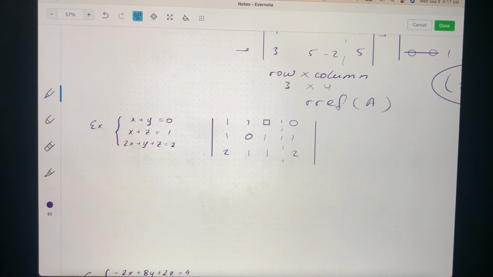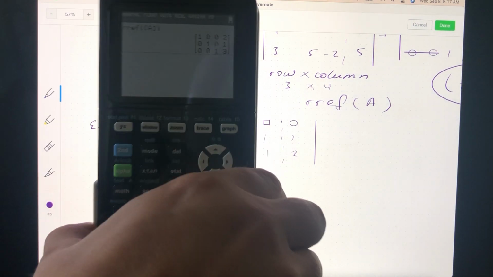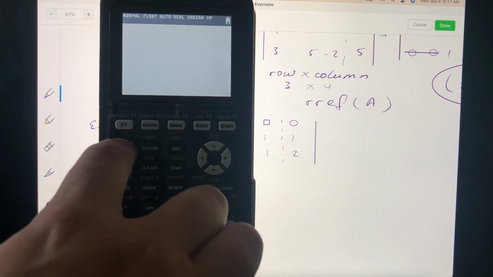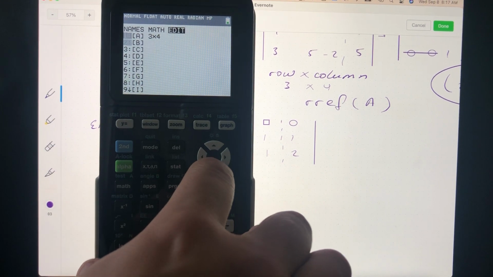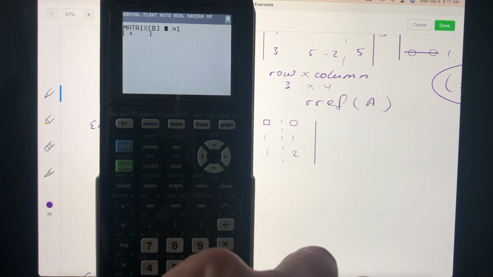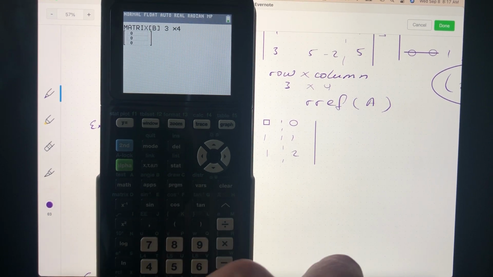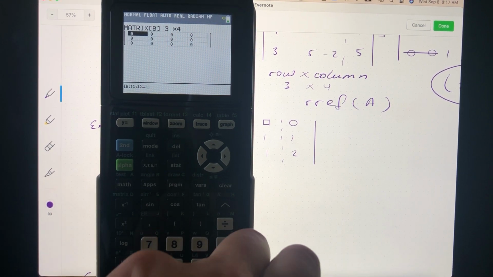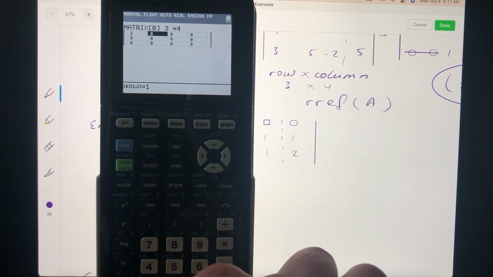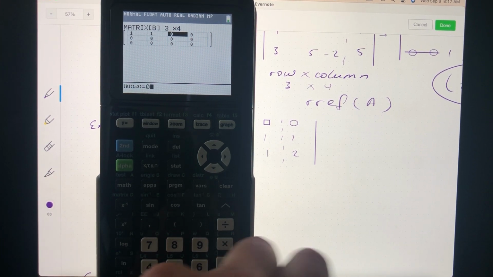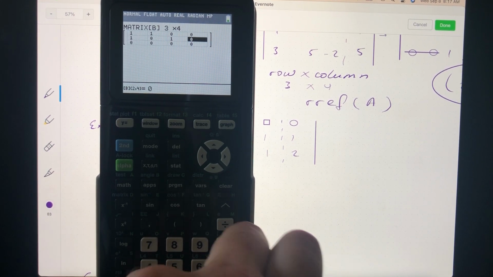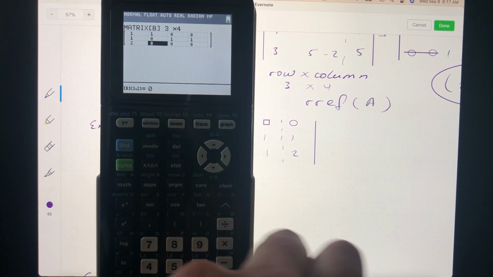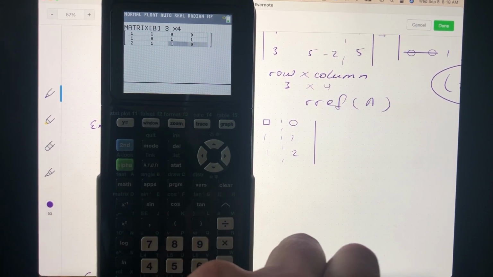Now we type this information into the calculator. So here is the calculator. We go to the matrix, and this time let's edit matrix B. Once again the size is 3 by 4, and we type in the entries: 1, 1, 0, 0, 1, 0, 1, 1, 2, 1, 1, 2.